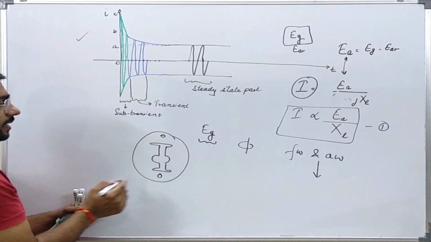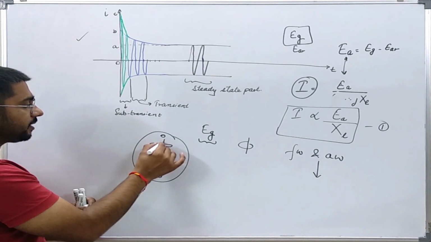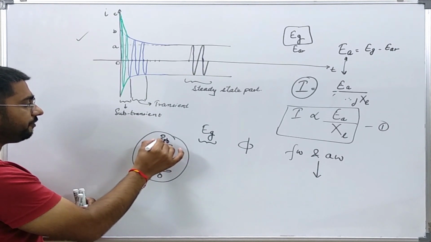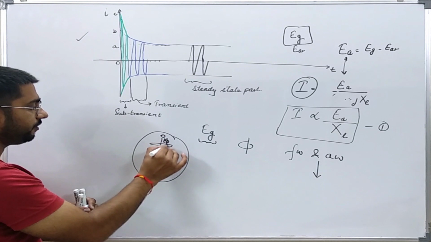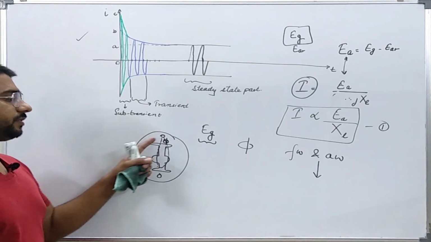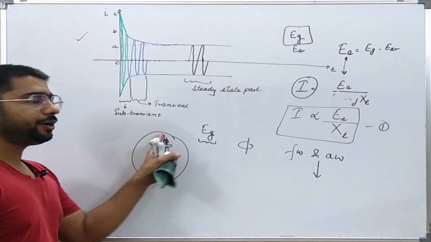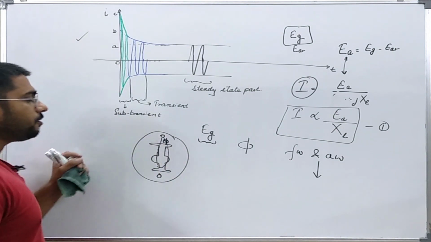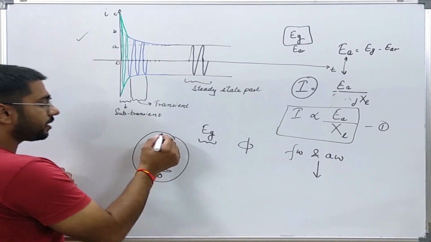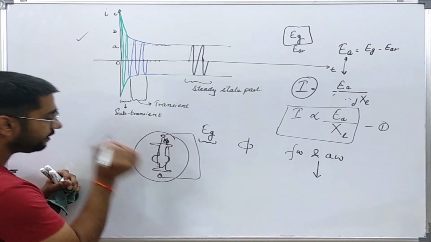Let us say initially this armature winding and field winding are having a flux phi in the air gap, which is linking these two windings, and because of this some Eg is being induced in the armature winding. Now there is a sudden short circuit, so current will flow through this armature winding.